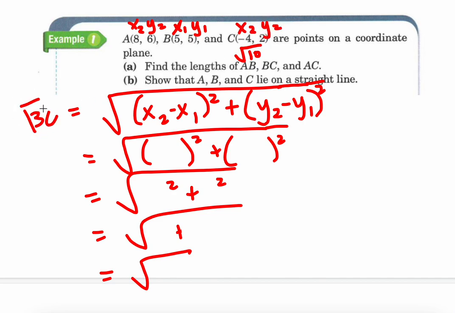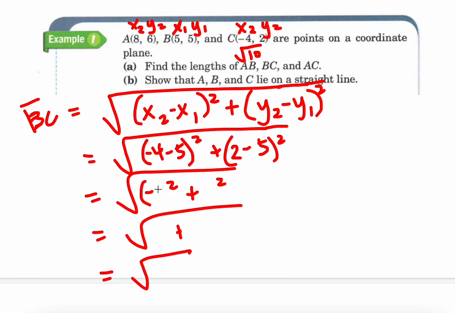So for BC, I have x2 minus x1, negative 4 minus 5, because I'm looking at just B and C. And then y2 is 2 minus 5. Ugh, I have some negative numbers, but that's okay. It's going to work out.